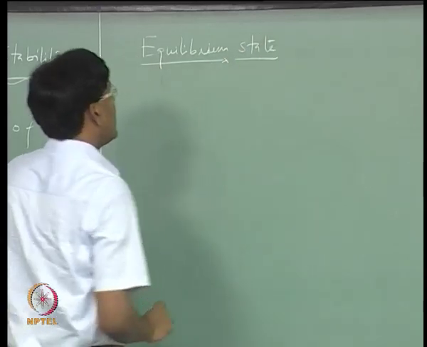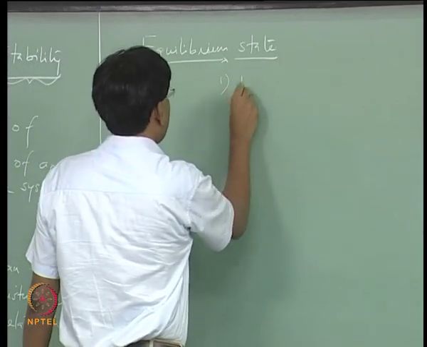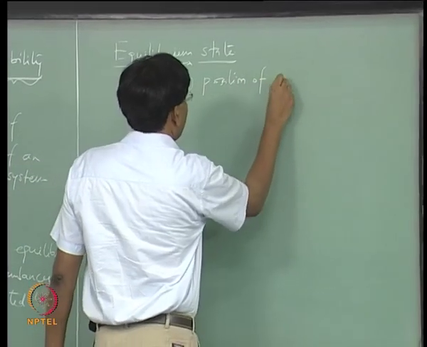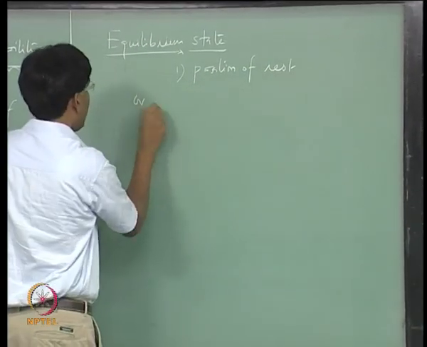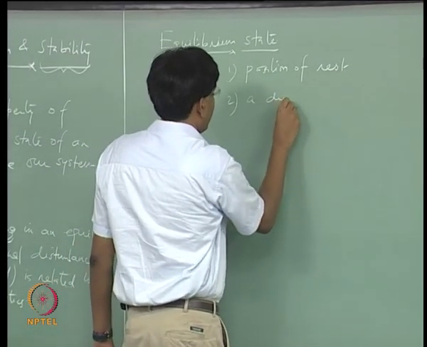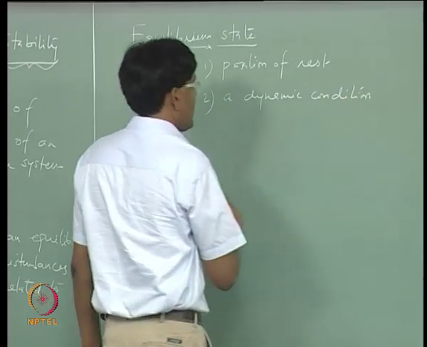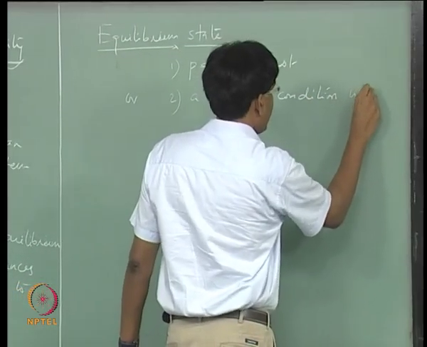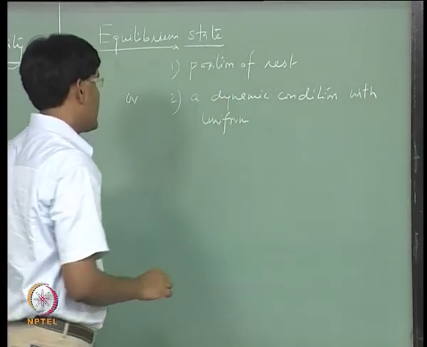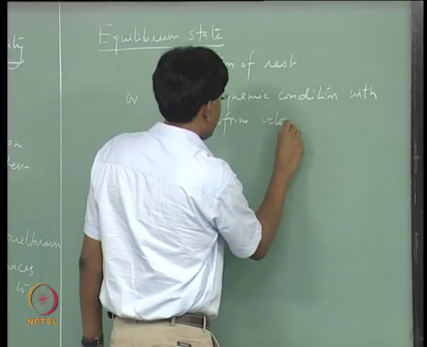As we know, an equilibrium state can be a position of rest or a dynamic condition with uniform velocities.